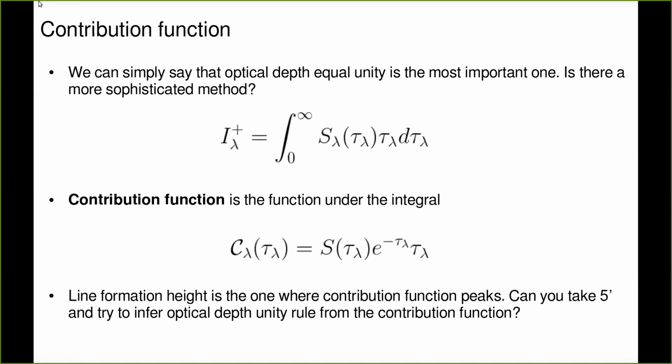I'm going to define my contribution function as the source function at a given depth times e to the minus that depth. And now comes the tricky part. I'm multiplying again with the depth itself. The reason I'm doing this is that if you imagine the integral as a sum, my tau spacing is not the same.